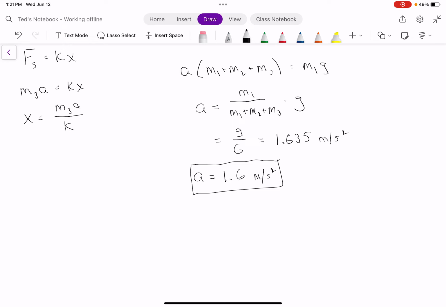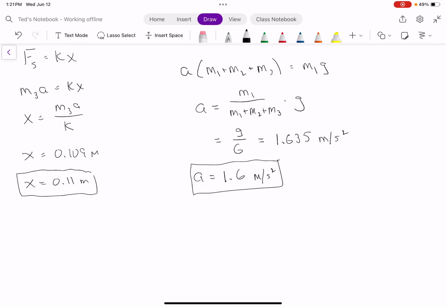So I got 3 times 1.635 divided by 45 gives a stretch of 0.109 meters, but again, 2 significant digits, so x is 0.11 meters, which is 11 centimeters, which is a little bit more than 1/10 of a meter stick.